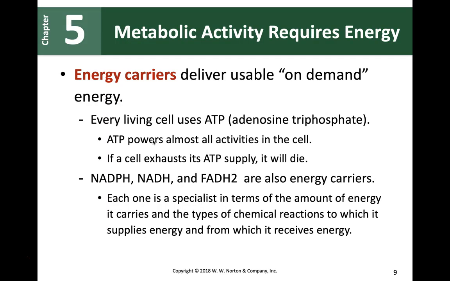All right, now guys, let's talk about the actual energy molecule which is utilized by our body, which is always available to run the reactions. And guys, that molecule is called ATP. Okay, so adenosine triphosphate. ATP is the cellular energy currency that we need if we want to do any activity in the cell.